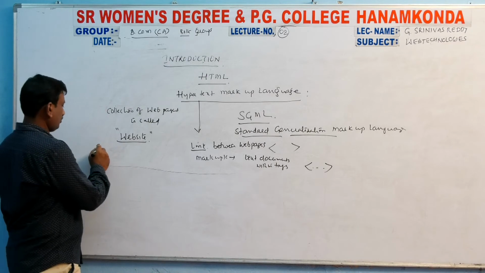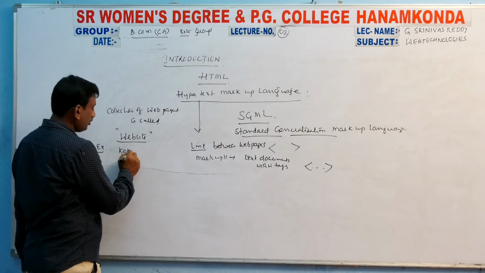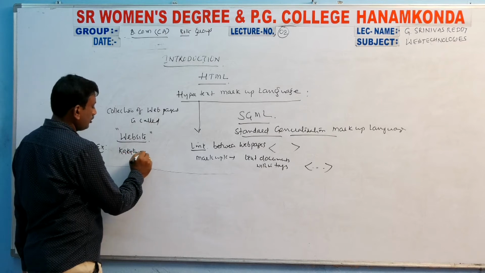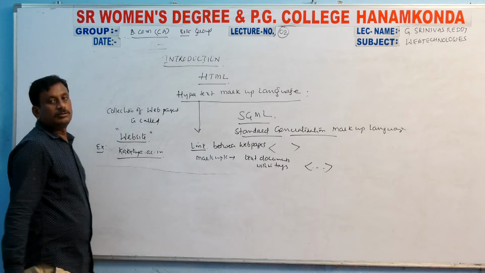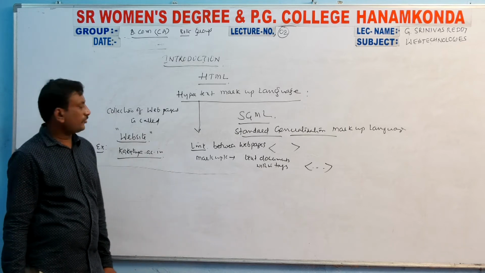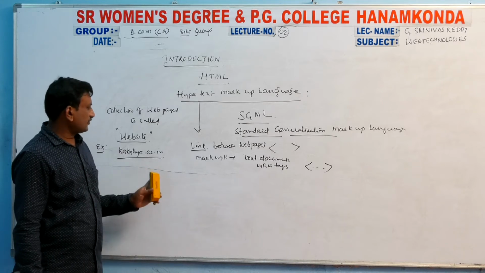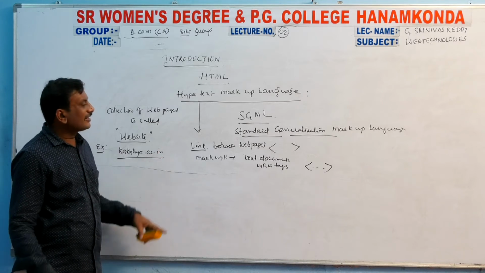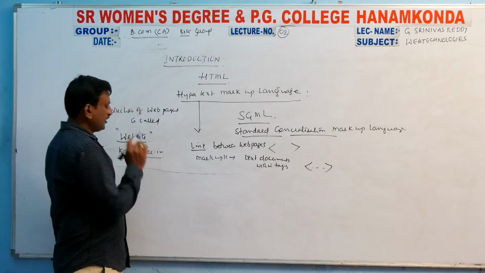Example: Kakatiya AC.in, Amazon.com. These are called websites. HTML means creating and designing web pages. A collection of web pages means website.